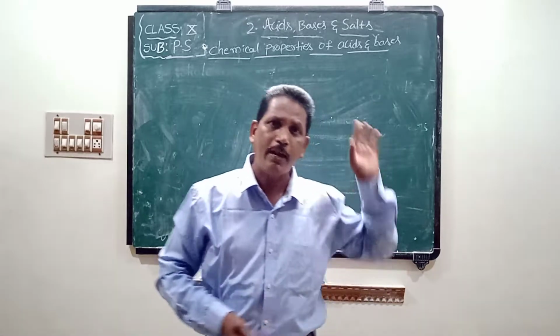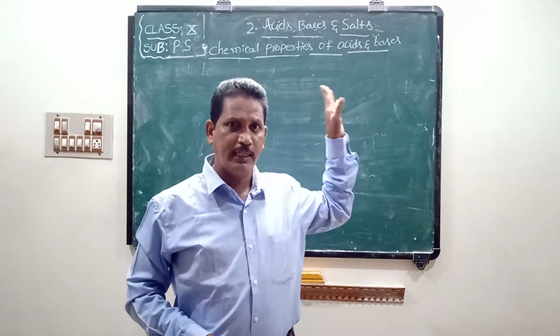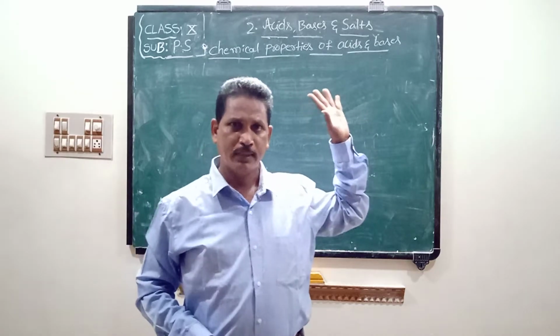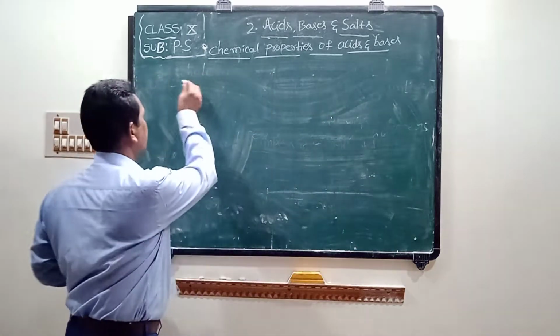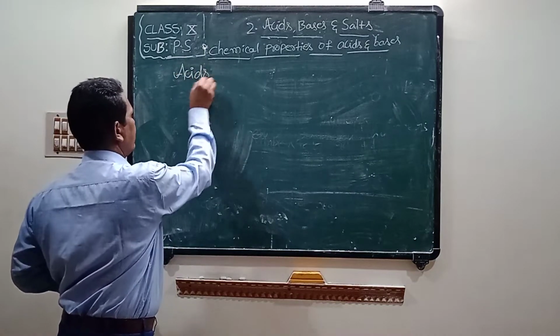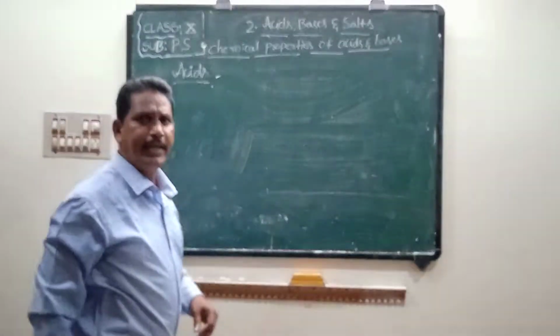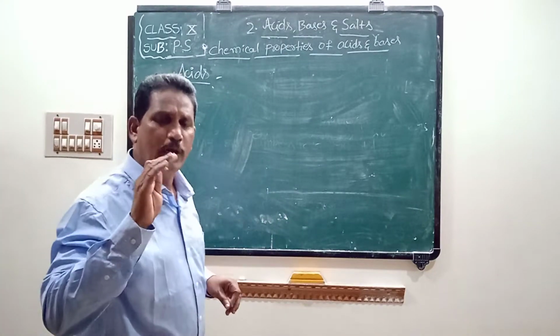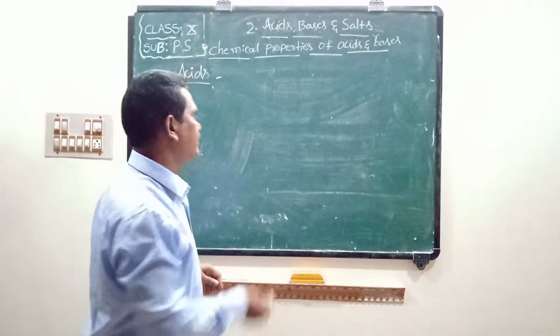Okay. Now the chemical properties of acids and bases. First, acids. Acids react with metals to liberate hydrogen gas.